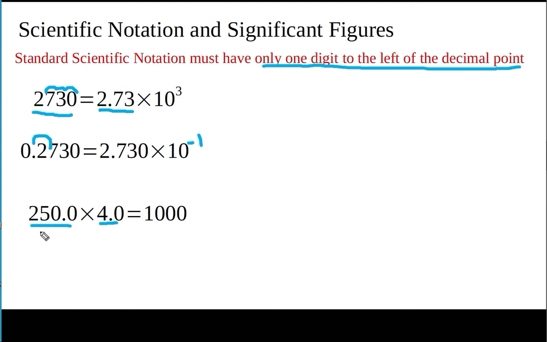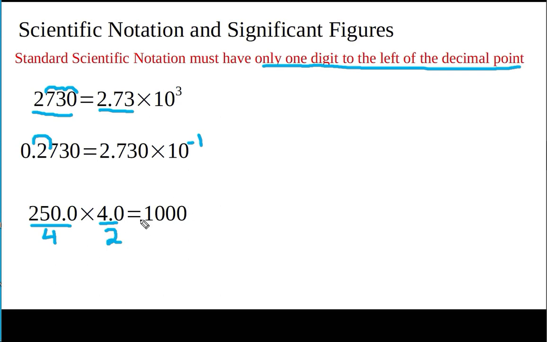If we look here, this has 4 significant figures, this has 2 significant figures, and normally we use the smallest number of significant figures to put in the result. So this should have 2 significant figures.